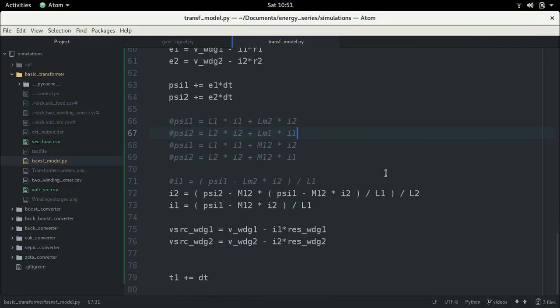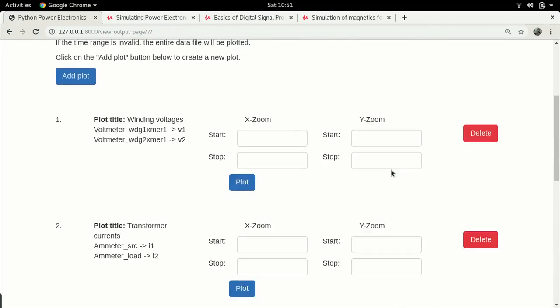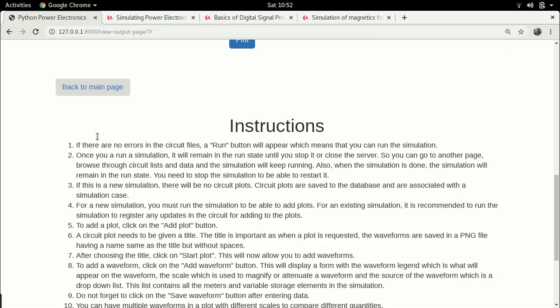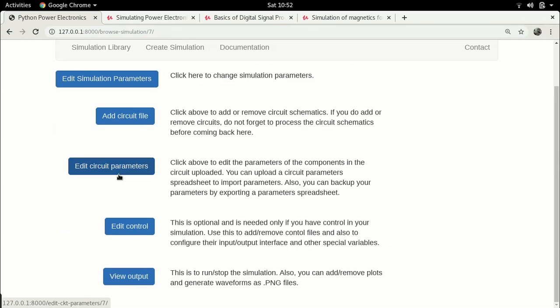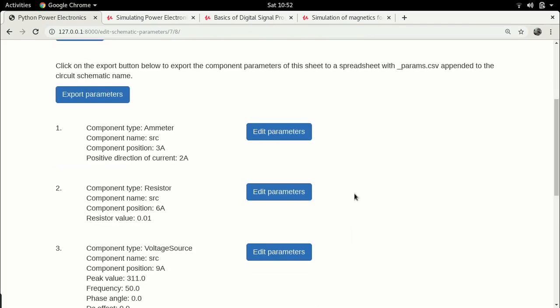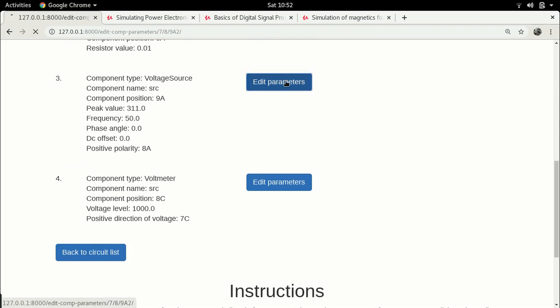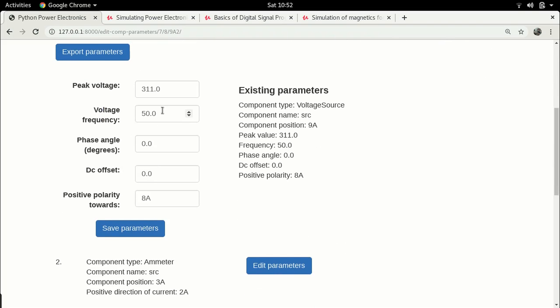let me go over and change the voltage to do something different. Let me go back here, edit circuit parameters, to the voltage source. Whatever I choose here is sine omega t, right? Now there is also a phase angle.